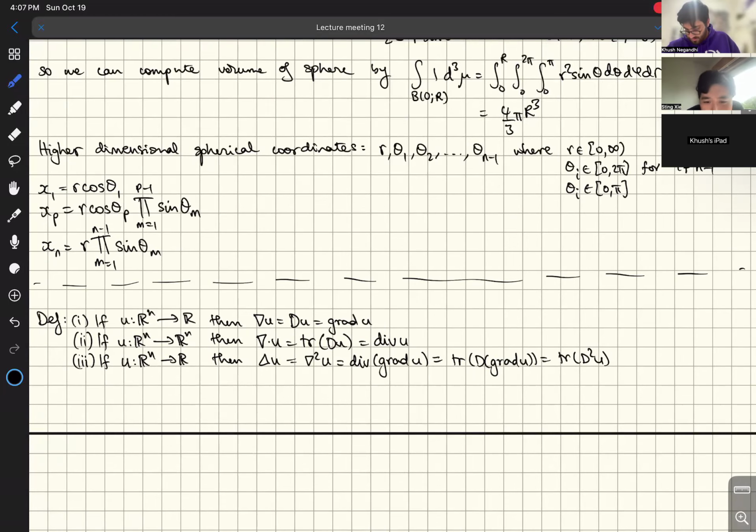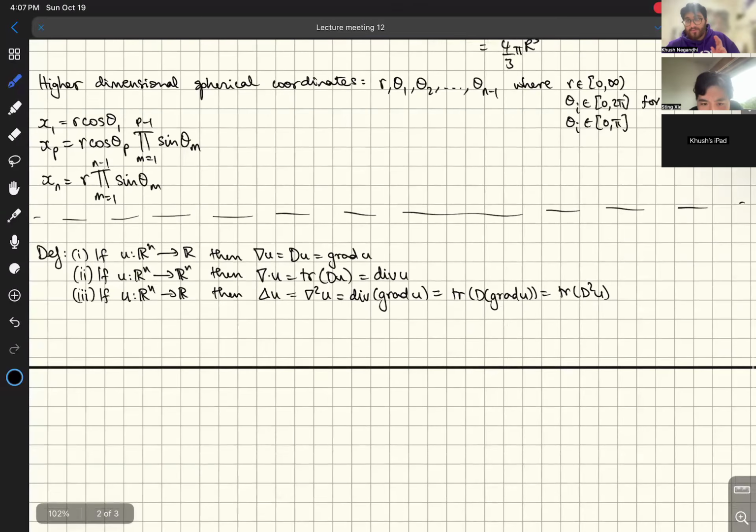Sorry, what is trace again? So you can look at the trace in two different ways. One is the coordinate free way that we defined in problem sheet one. The other way is, if you have a matrix, its trace is just the sum of the diagonal entries.